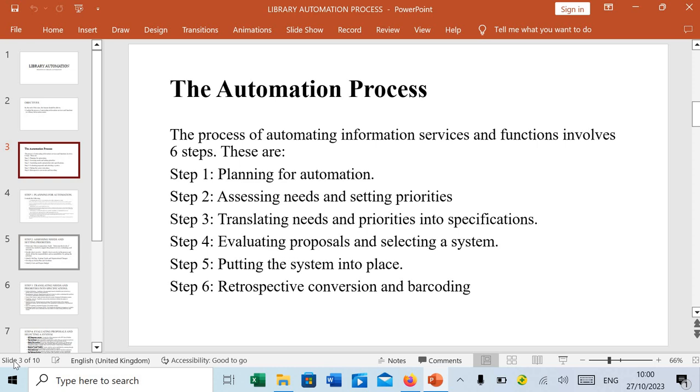Then step 4, you're supposed to evaluate the proposal and select a system which best suits your information center. Then step 5, you are supposed to put the system that you have selected into place. Then step 6, you're supposed to do retrospective conversion and barcoding so that it can fit your information need.